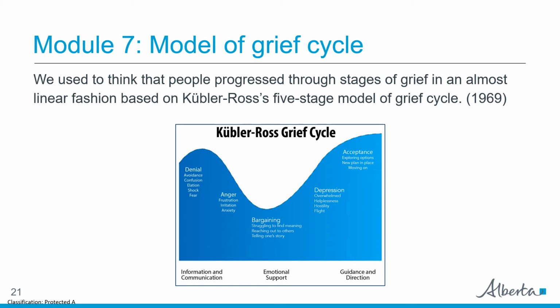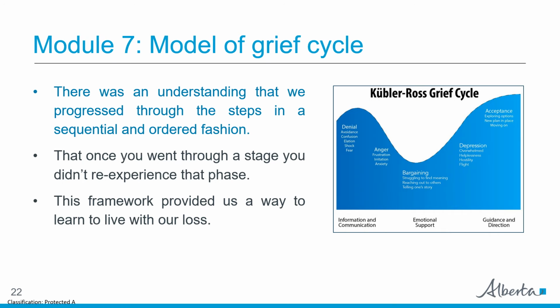We used to think that people progressed through stages of grief in an almost linear fashion based on Kubler-Ross's 5-stage model of grief cycle from 1969. There was an understanding that we progressed through the steps in a sequential and ordered fashion, that once you went through a stage, you didn't re-experience that phase. This framework provided us a way to learn to live with our loss.